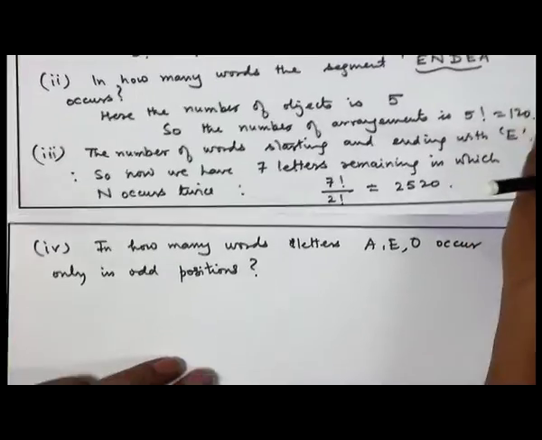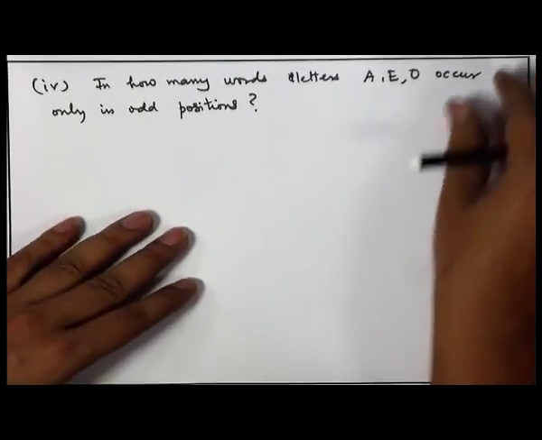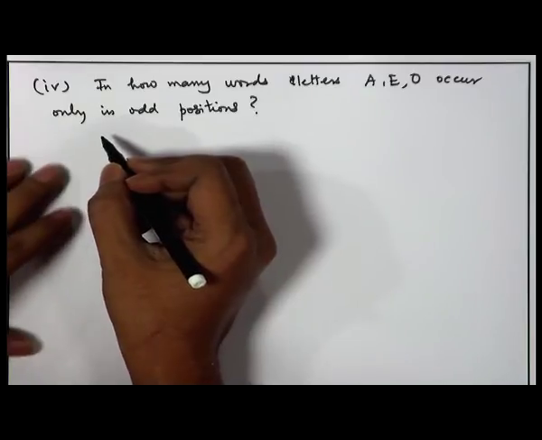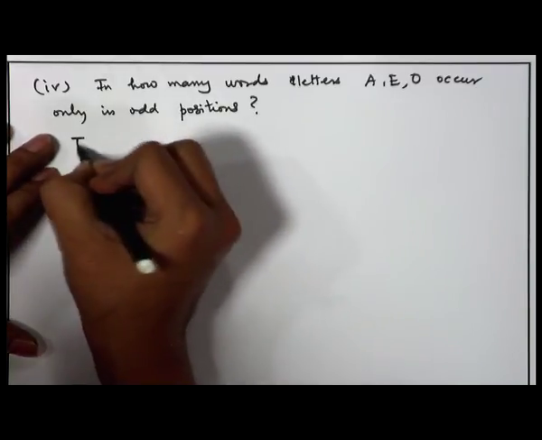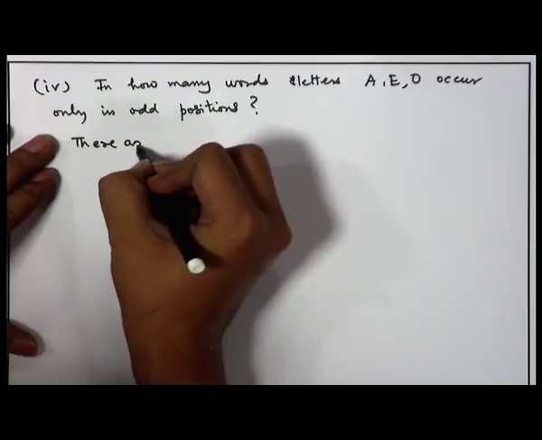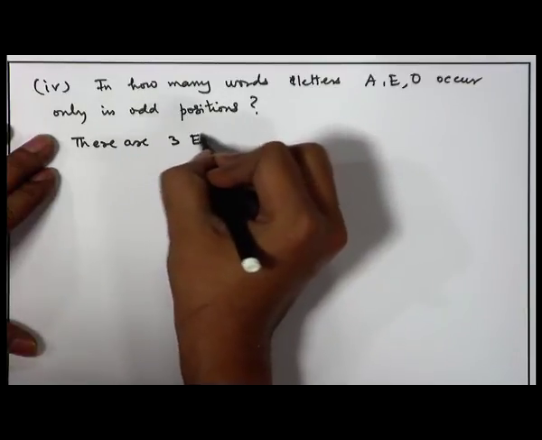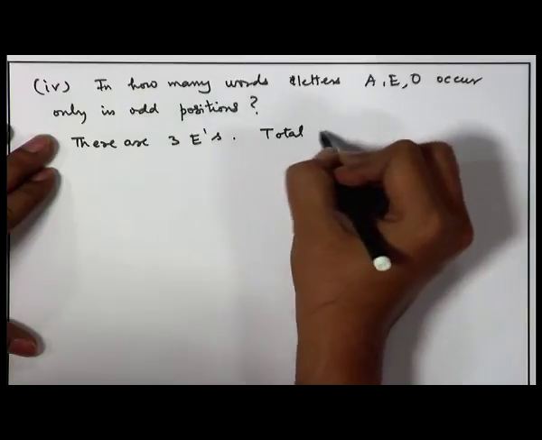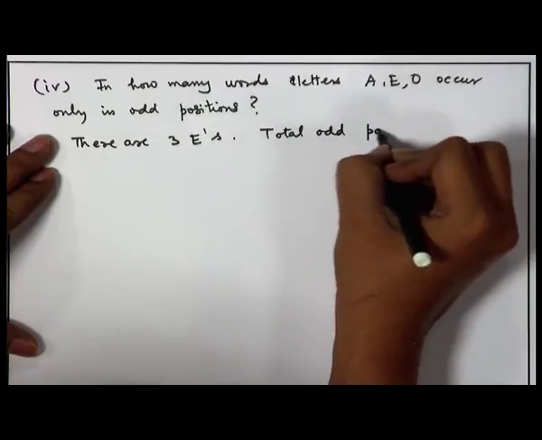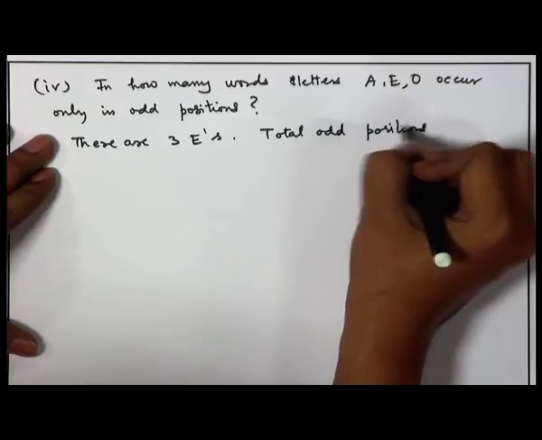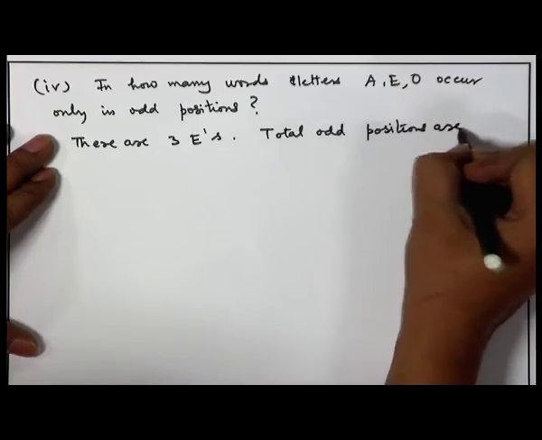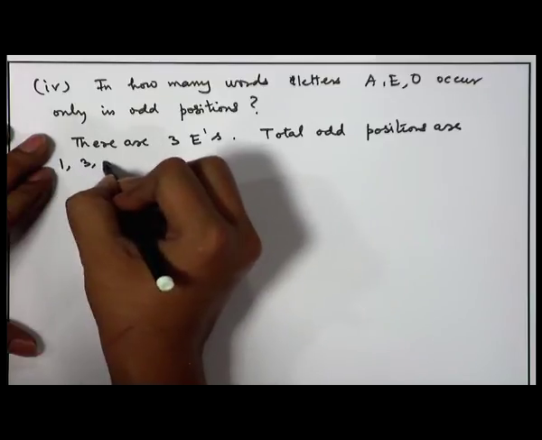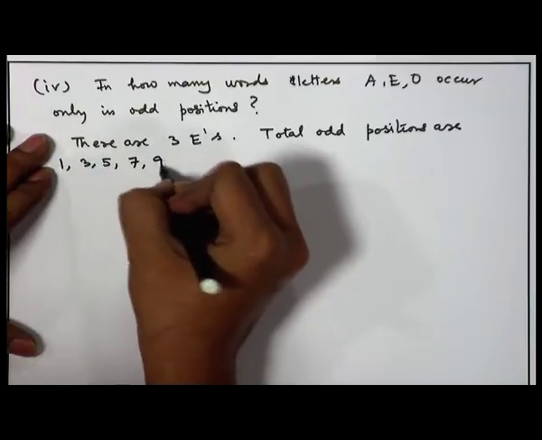In order to look at this, there are three E's, and total odd positions are 1, 3, 5, 7 and 9.